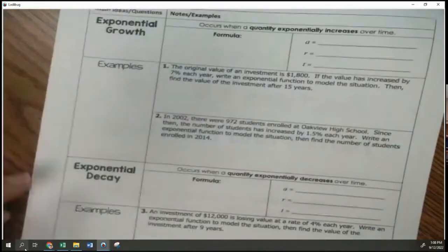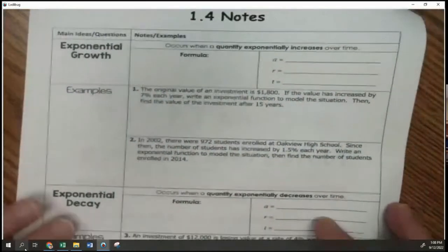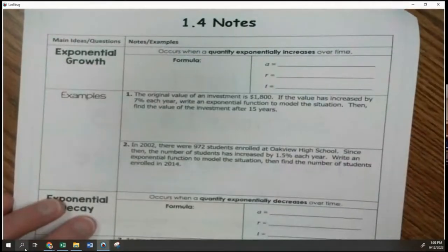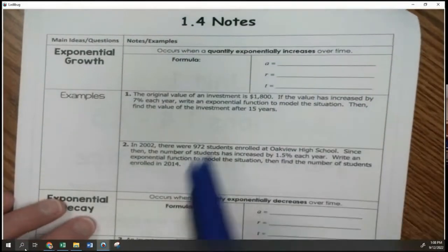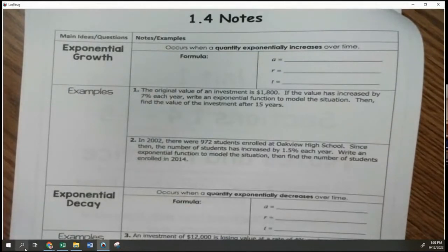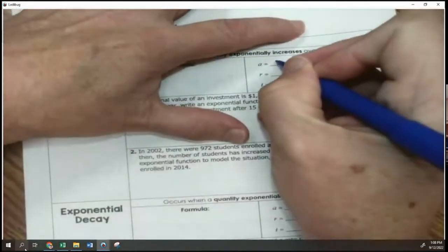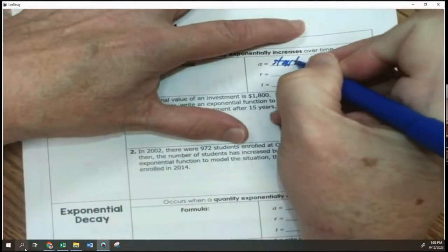All right, let's do the notes over here. Some of this is kind of a repeat of a little bit starting out, but exponential growth, this is using R and T now, because a lot of times in exponential growth situations, we talk about the A is the starting value, right?